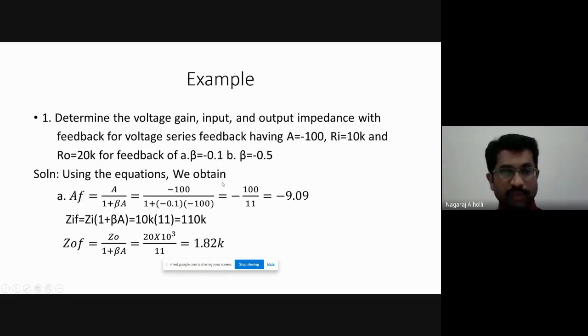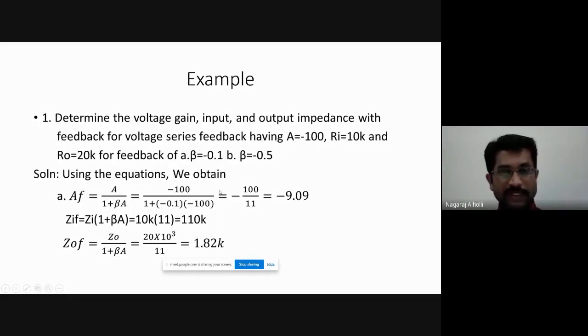Using the equations, we obtain Af is equal to, what is the equation for gain with feedback? It is A divided by 1 plus beta A. Gain with feedback for voltage series feedback amplifier is given by A divided by 1 plus beta A. Substitute the values.